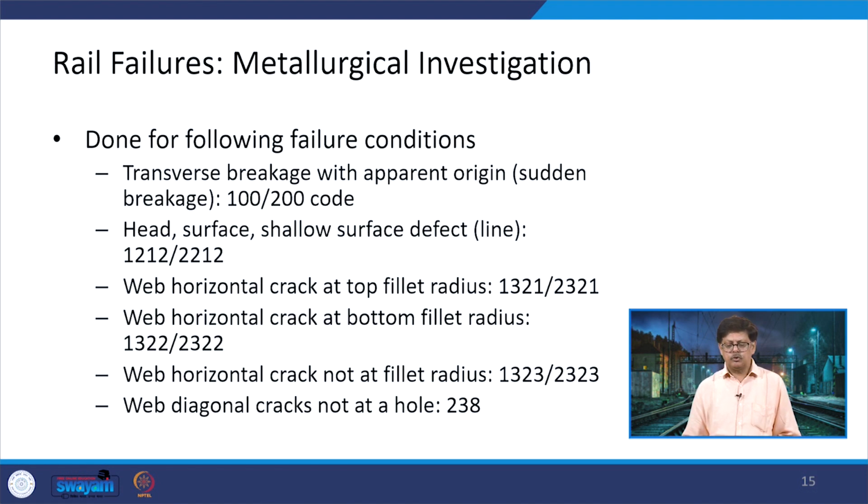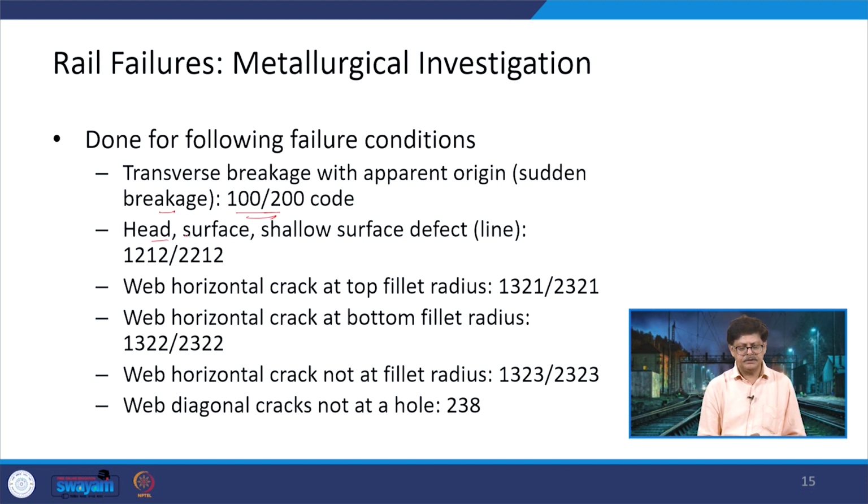Now, there are certain codings which have been given, and these codings are related with the type of the failure which may occur. So, it says that if it is the transverse breakage with apparent origin, that is sudden breakage, which is being coded as 100 and 200, then in that case it has to go for metallurgical investigation.